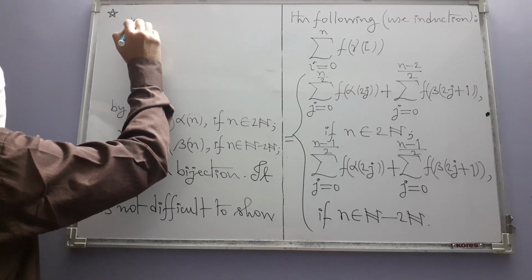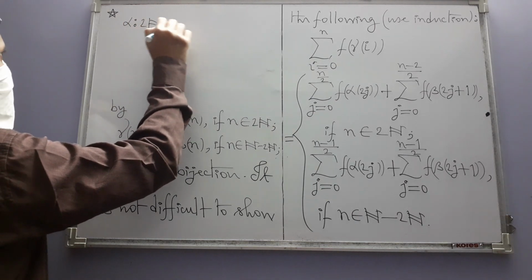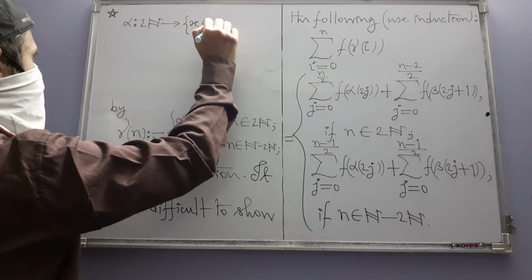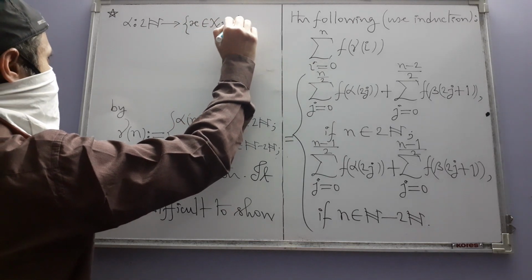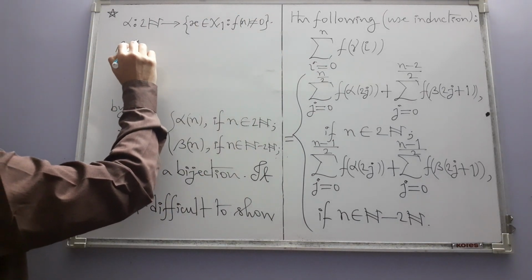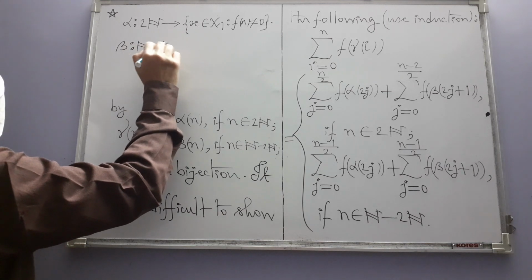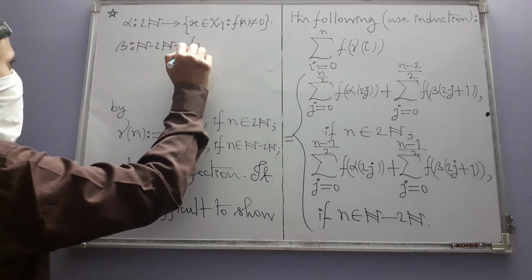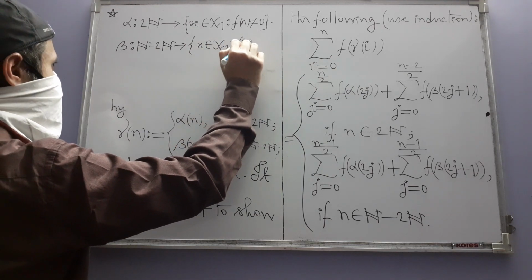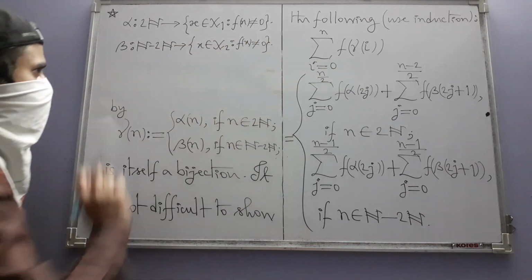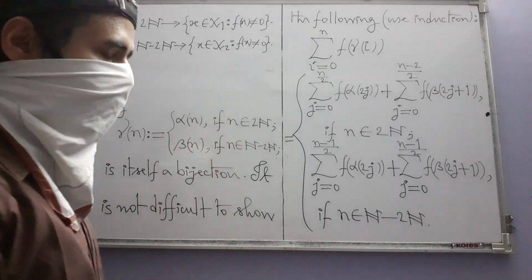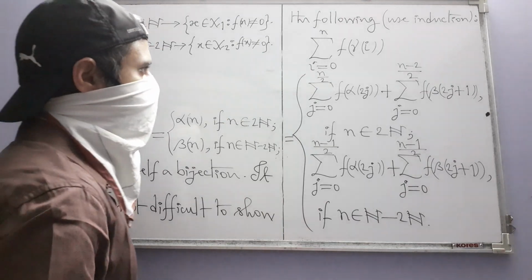Alpha originally is a bijection that is like this. And beta is this bijection. They are bijections. And gamma of course has been defined in terms of alpha and beta both.